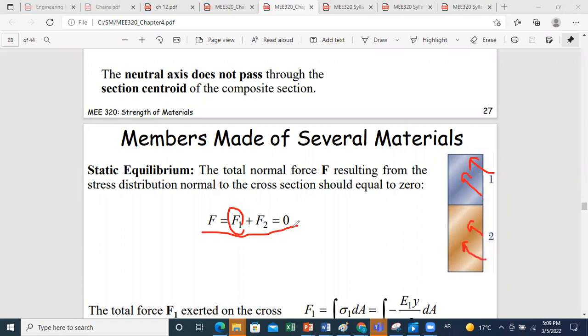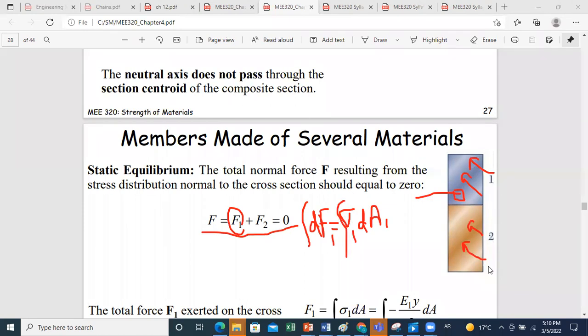And to get the expression of these forces, we need to perform integration, because if you consider an area dA1 in material 1, then the elementary force dF1 is equal to the normal stress to which this area is subjected times dA1. So the total force F1 will be the integral of dF1, the integral of sigma 1 dA.